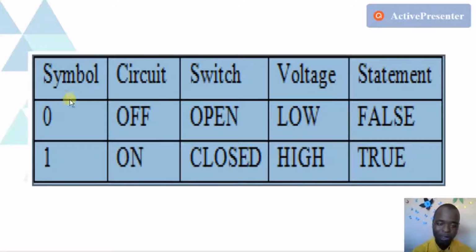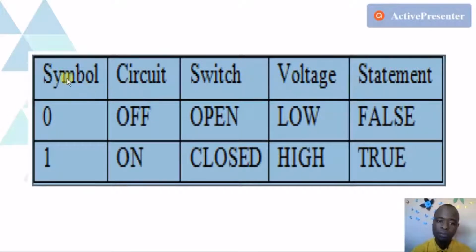As a symbol we represent it using 0 and 1, and as a switch we represent it as on or off, or as open or closed. As a voltage, low or high. As a statement, false or true.